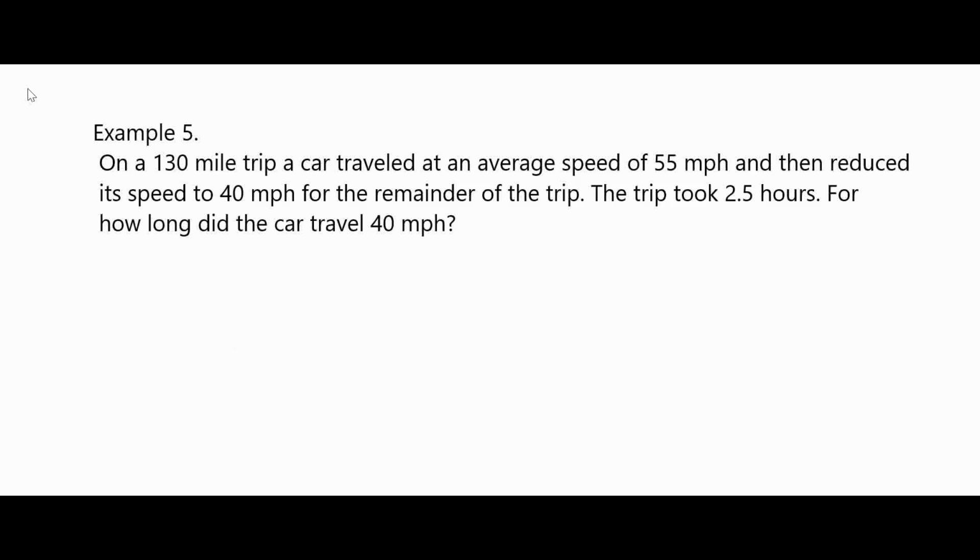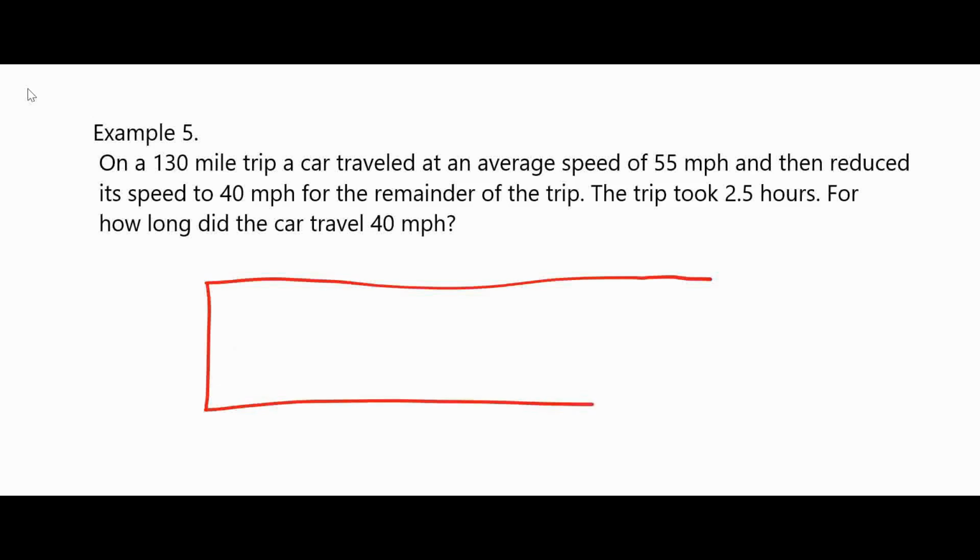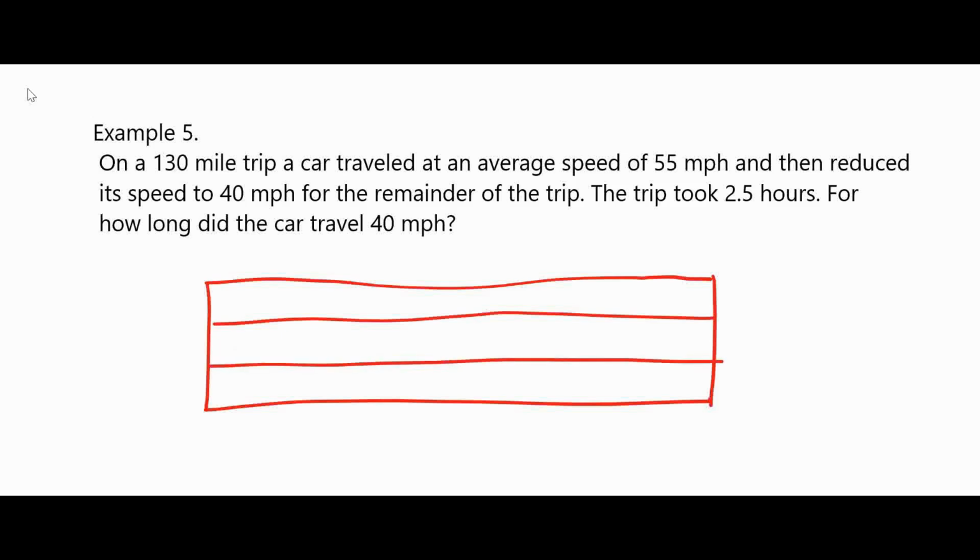So we can also illustrate this using a table and create 3 rows. First column is for first trip, and then second trip.